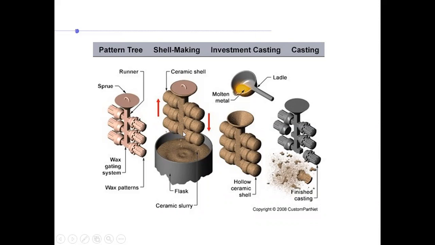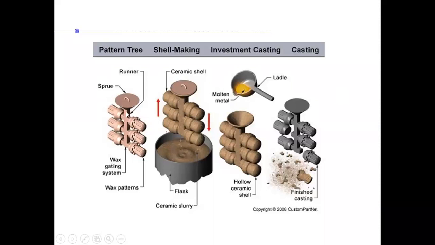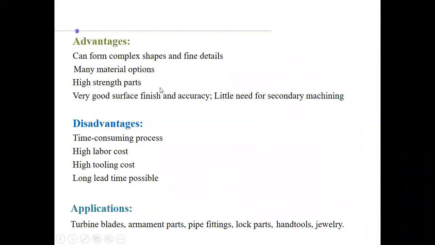The reason why I did not put only this is because it is missing a lot of steps, that heating and all those steps, heating of that pattern so that the wax can be removed. But still, you see advantages. It can form complex shapes and fine details. There are many material options, as I said.